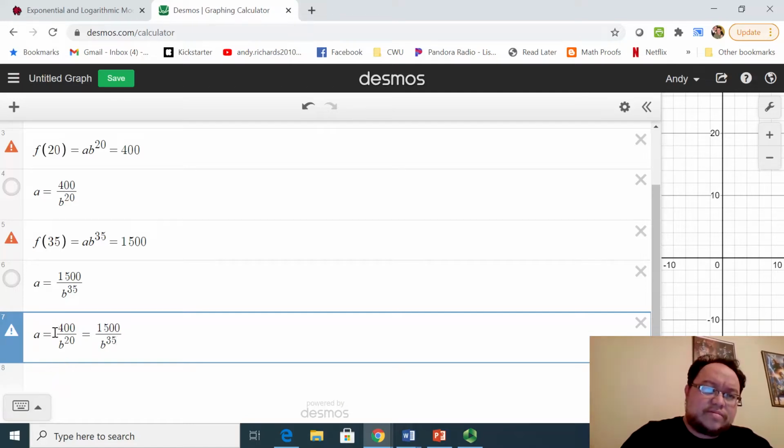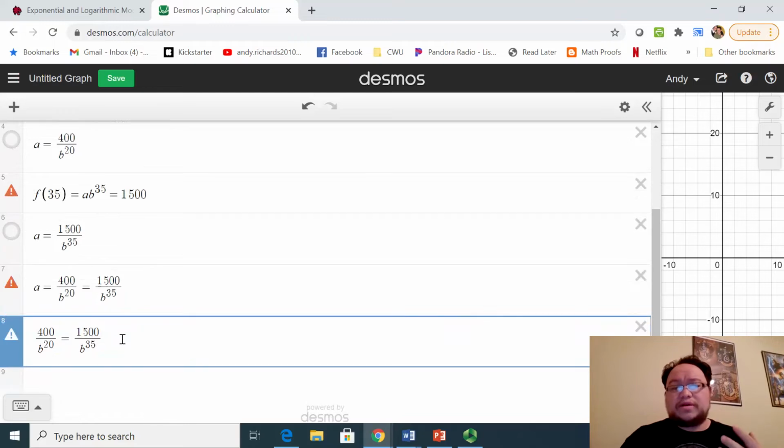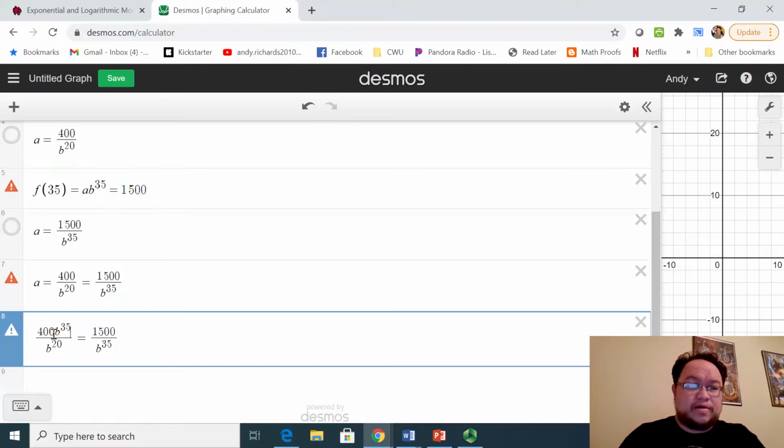And what's nice about this is we can actually solve this. If we take this another step, we have enough information to calculate what our value of b is. We could multiply by b to the 35th over, which makes it so we have b to the 35th over b to the 20th.